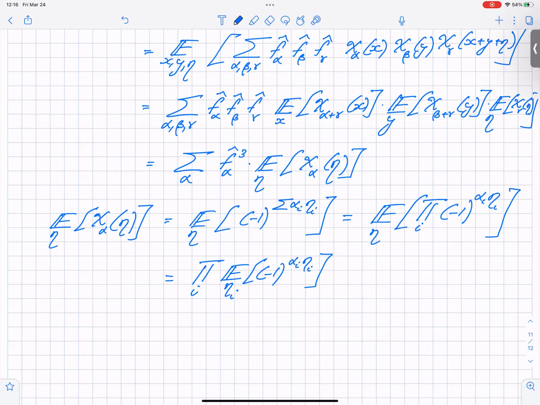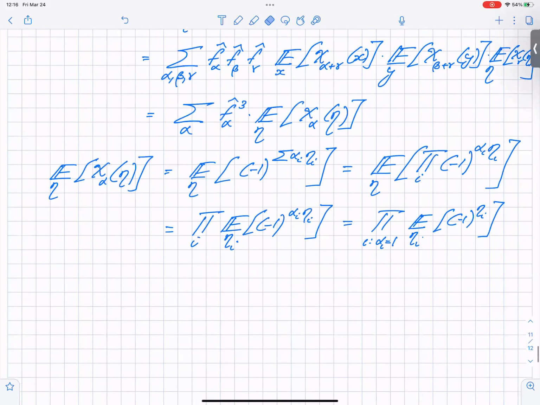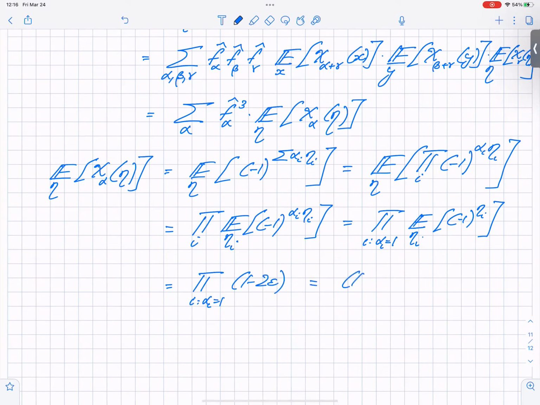I'm going to write this separately as the product over I such that alpha I is 1 of the expectation over eta I of minus 1 to the power eta I. What is this quantity? It's not epsilon, it is 1 minus 2 epsilon. Therefore, this is the product over I with alpha I equal to 1 of 1 minus 2 epsilon.